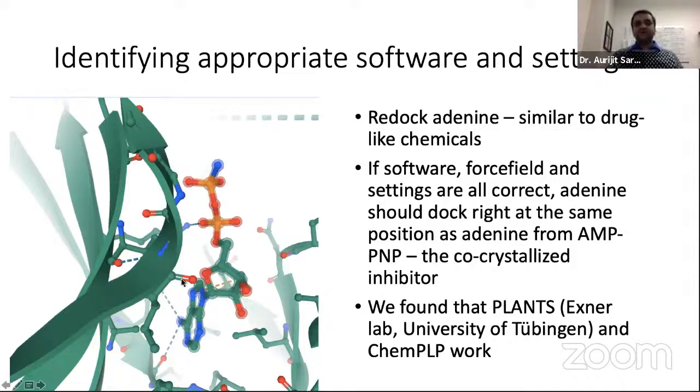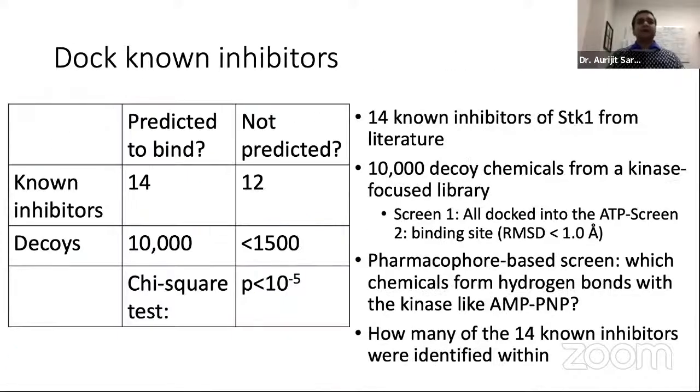I went through a couple of different types of software. I ended up with PLANTS, which is from the University of Tübingen, from Thomas Exner's group, and ChemPLP. These work perfectly fine out of the box without any issues. Another thing I did was I validated it.